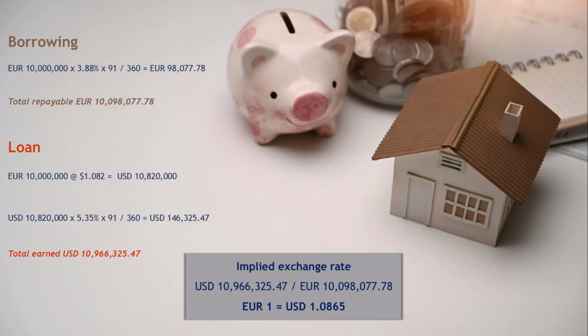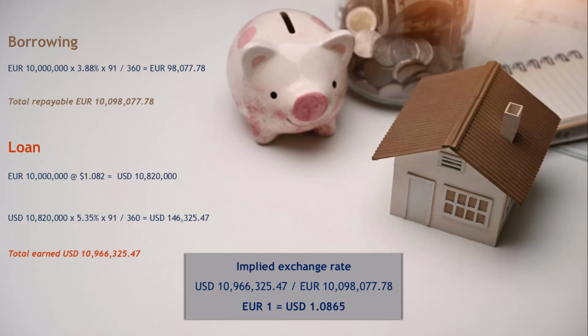Not convinced? Well, suppose I borrow 10 million euros for 3 months, a 91-day period, at a rate of 3.88%. I'll pay interest of €98,077.78 at maturity, and so the total amount repayable will be €10,098,077.78.